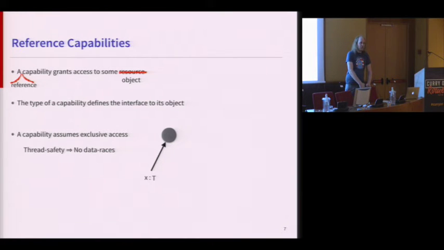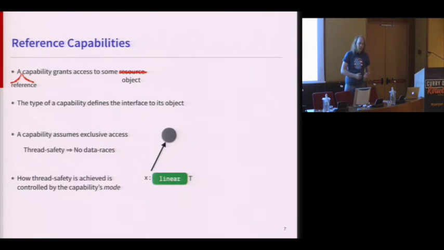So as we saw, unless we resort to a lot of locking, it's hard for the implementation of a class to provide proper concurrency control. So what we do instead is that we give each capability a type qualifier that we call its mode, and this decides why or how thread safety is achieved.